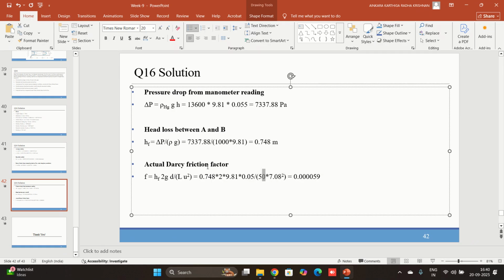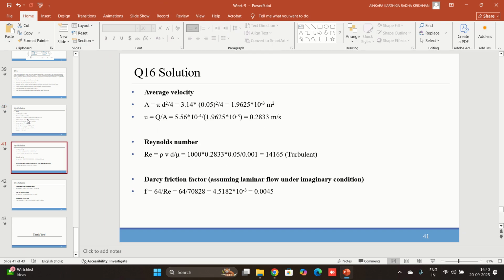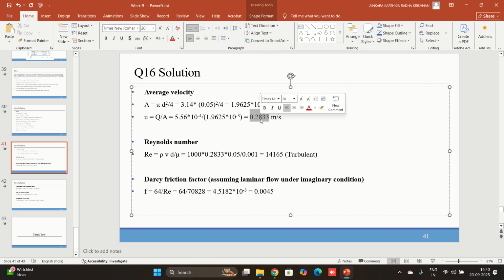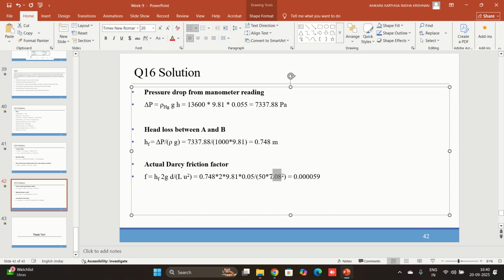Our U also got changed, so we need to update the calculation with the new U. So U here is, what did we get? U is 0.2833 meter per second. So we can substitute 0.2833 meter per second square here.